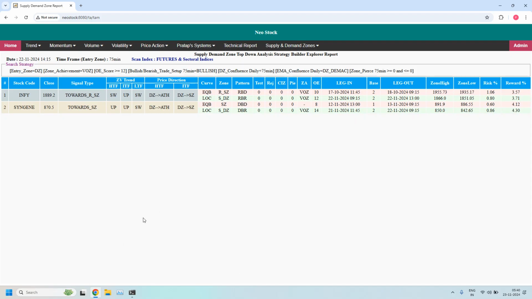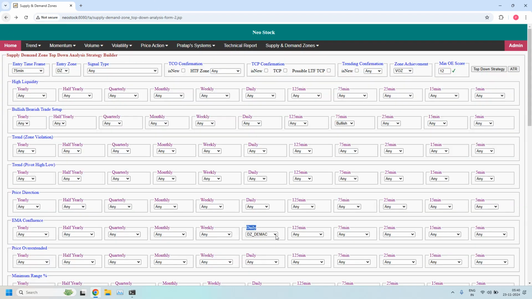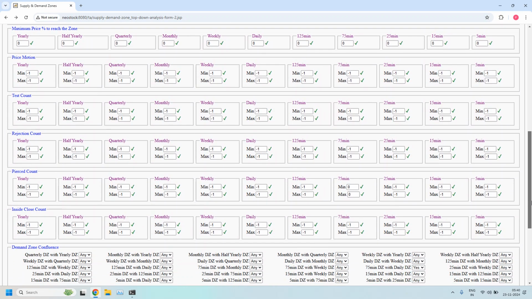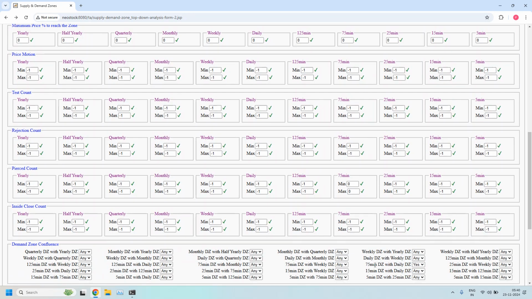Okay, next let us look for LTF, ITF, HTF demand zone confluence. I am removing EMA filter. So in the demand zone confluence, 3 filters we have to set, and first filter is already enabled, that is 75 with daily demand zone confluence. Next 75 minutes demand zone with weekly demand zone confluence, and daily demand zone with weekly demand zone confluence filters are also enabled.